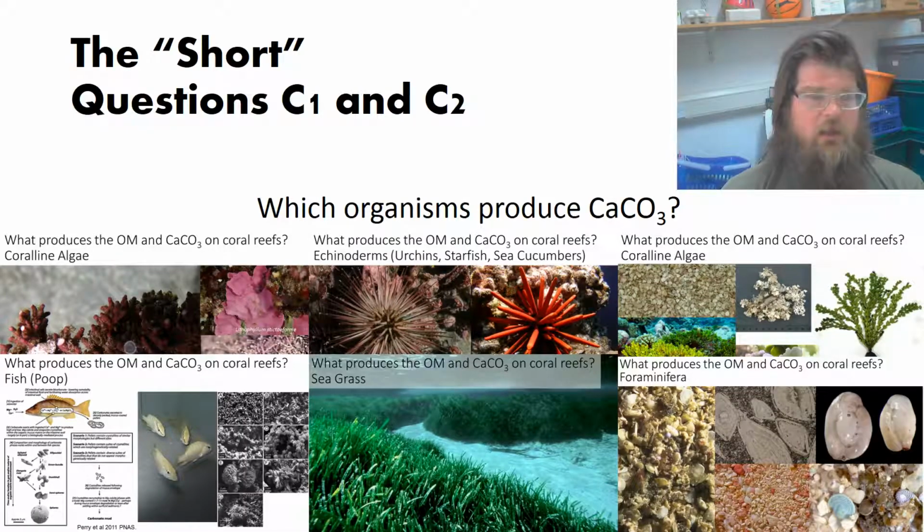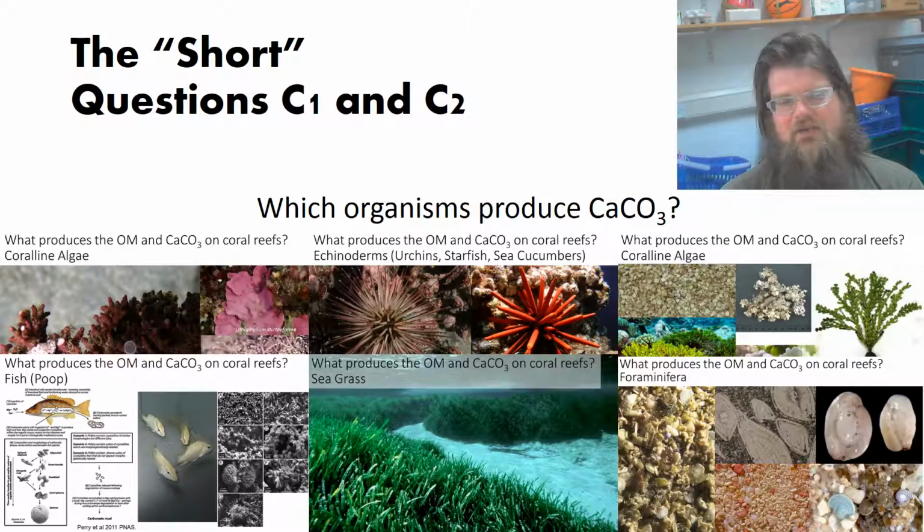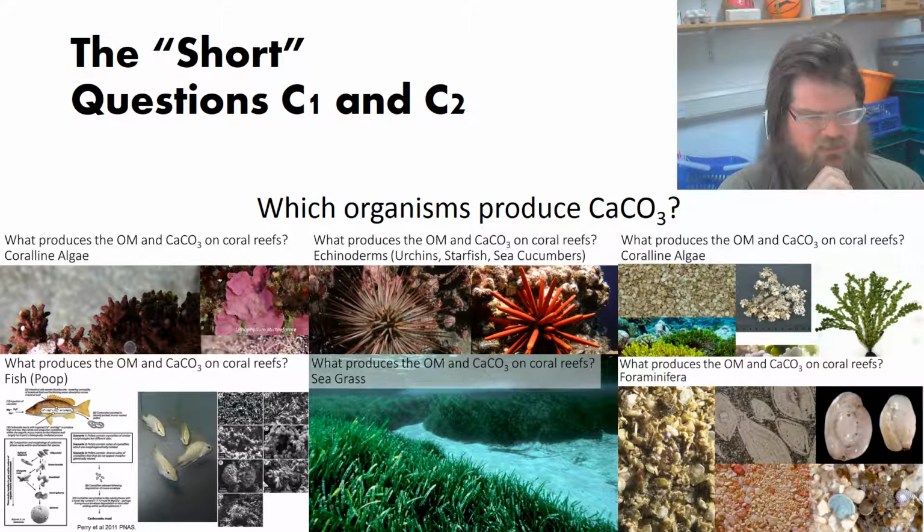And here is a collection of slides from that lecture. Just to highlight some, we've got these coralline algae, so you can have these encrusting forms, or even coralline algae that look a little bit like seaweed, like this Halimeda here. We have sea urchins; they produce calcium carbonate. Fish do it a little bit in their guts.